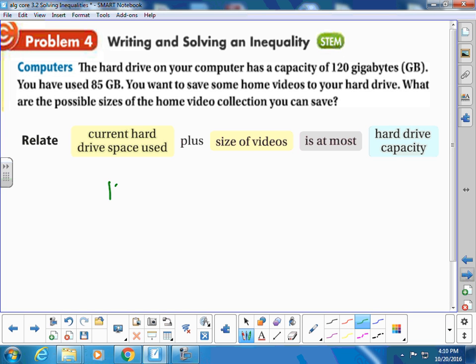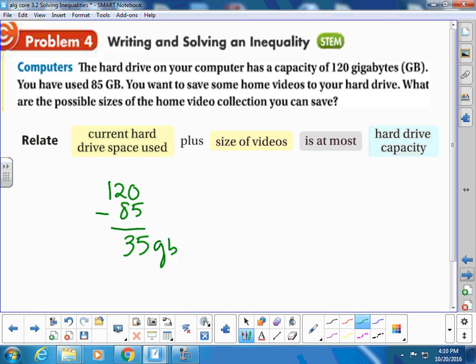It has 120 gigs. We've already used up 85. So the current hard drive space would be 120 minus 85, so 35 gigabytes.